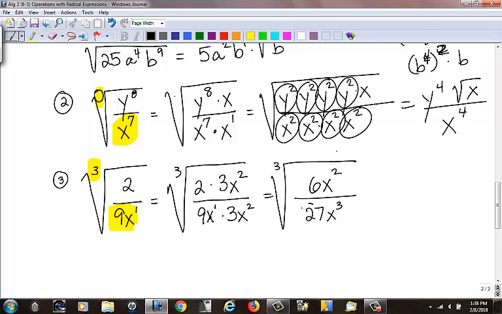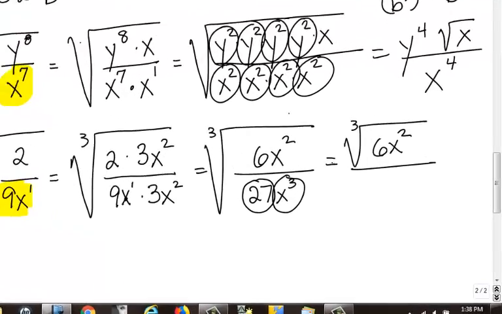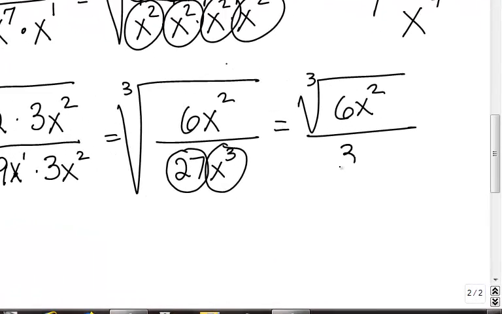Okay, so out of this I can take out 3. Out of this I can take out an x. I have left the cube root of 6x squared on top. It's okay to have a radical on top. You just cannot have a radical in the bottom. You take out, so I'd have over 3x.